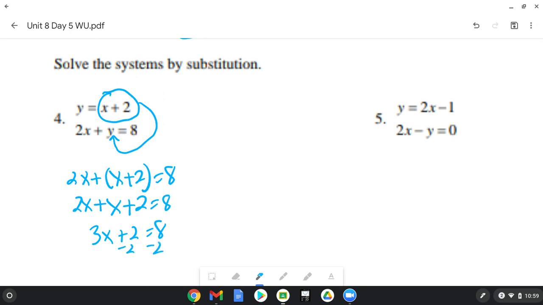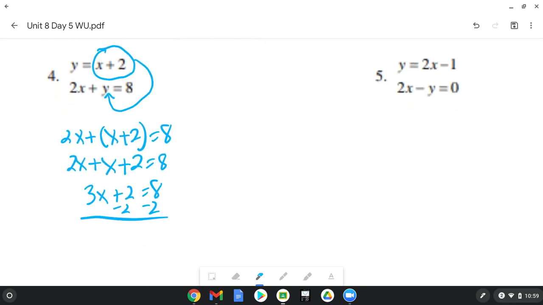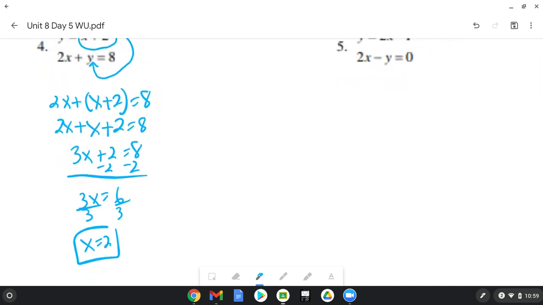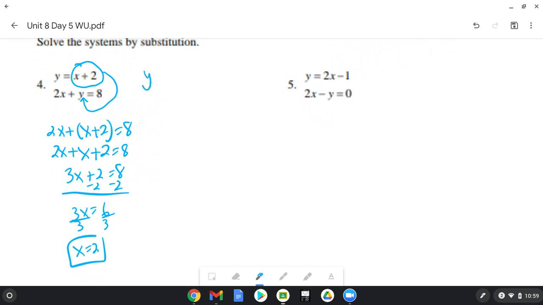We subtract 2, and we get 3x equals 6. Divide by 3, and in the end we get x equals 2. So that's half the battle. And the other half would be y equals 2 plus 2. So that would be 4. So now we have 2 comma 4 is our answer, so that's where they intersect.